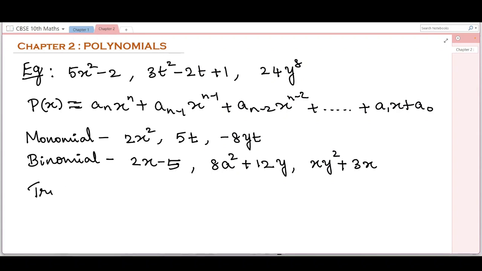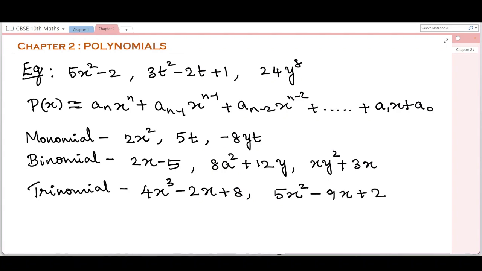Next one is trinomial. If the polynomial consists of three terms, then we call that to be trinomial. So examples for that are 4x cube minus 2x plus 8, 5x square minus 9x plus 2.